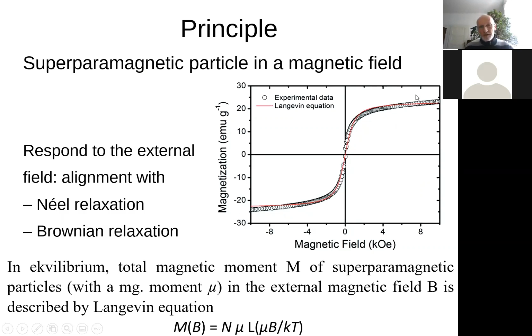In fact, this can be described mathematically using the Langevin equation, which is here, and the nanoparticles respond to the external field by alignment, and both processes, Néel's relaxation and Brownian relaxation, take part. So I will get back to the Langevin equation a little bit later.